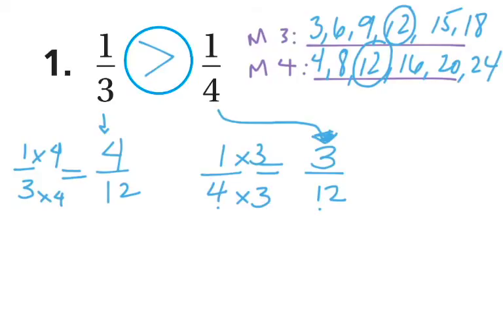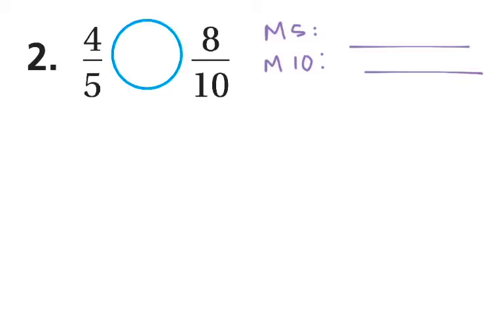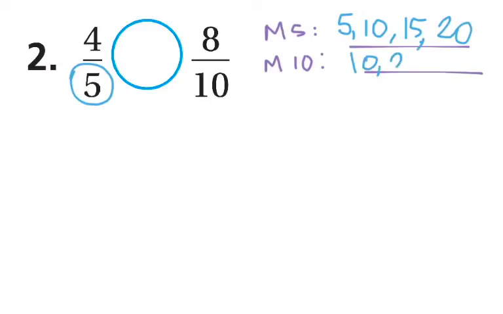Okay, let's move on to the next problem. Number 2. We are comparing 4/5 to 8/10. I want to list my multiples of 5 because I want to compare fractions with the same denominator. So we have 5, 10, 15, 20. Let's list some multiples of 10: 10, 20, 30, 40.